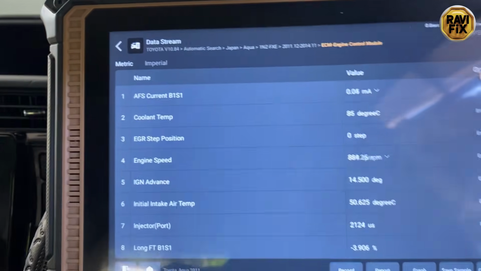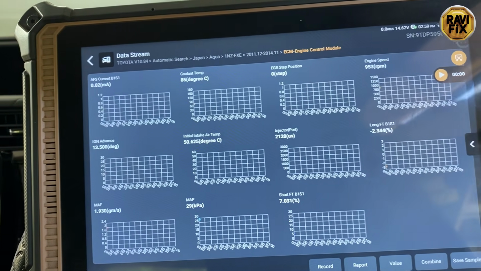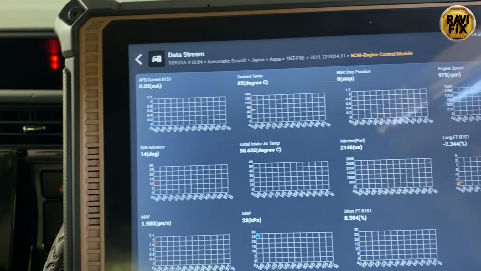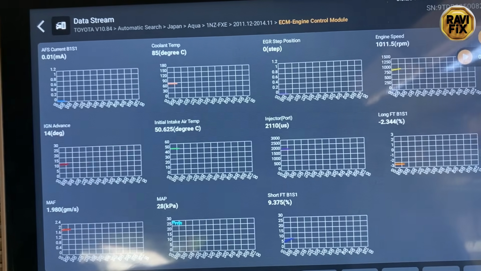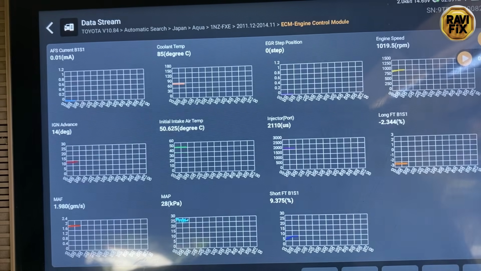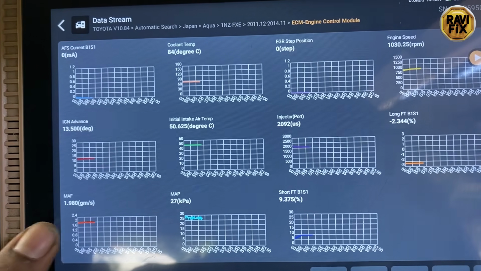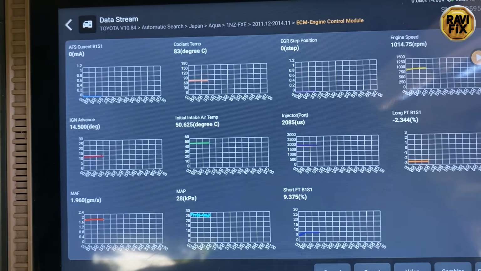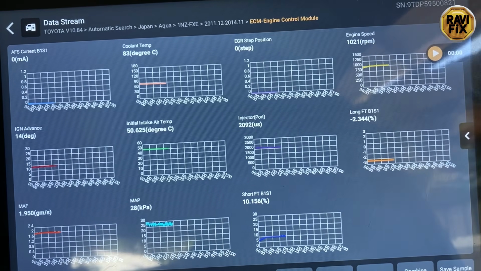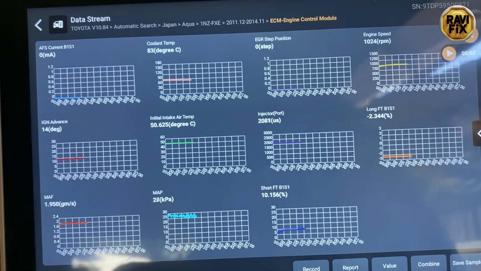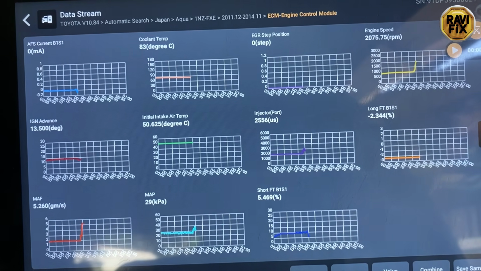So let's observe the data PIDs here. Already we can see the engine RPM, which means the engine is running, not in EV mode. What I would like to observe is the fuel trim data here. You can see the MAF sensor around 1.9, which is normal for a 1.5 liter engine at idle. However, these hybrid cars have a little higher idle RPM than normal cars.